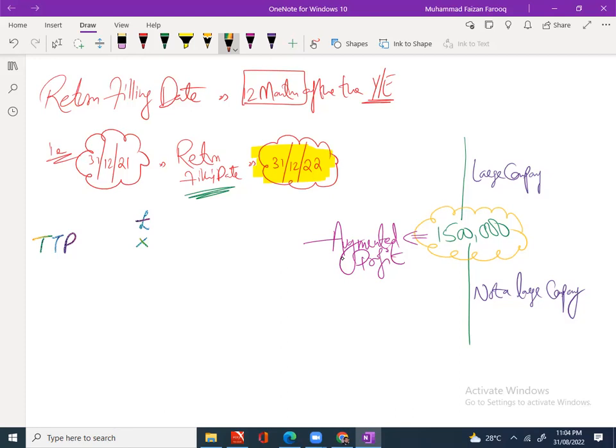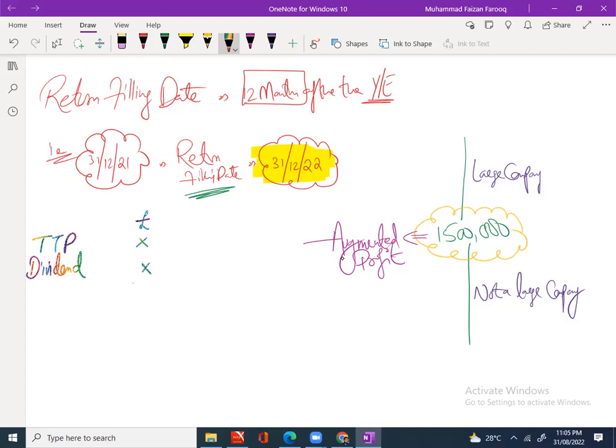Corporation tax 19% throughout the course will be multiplied with TTP, and dividend is an exempt income for the company. But here we are calculating augmented profit, which is a completely different working. This working is just to find out the size of a company.